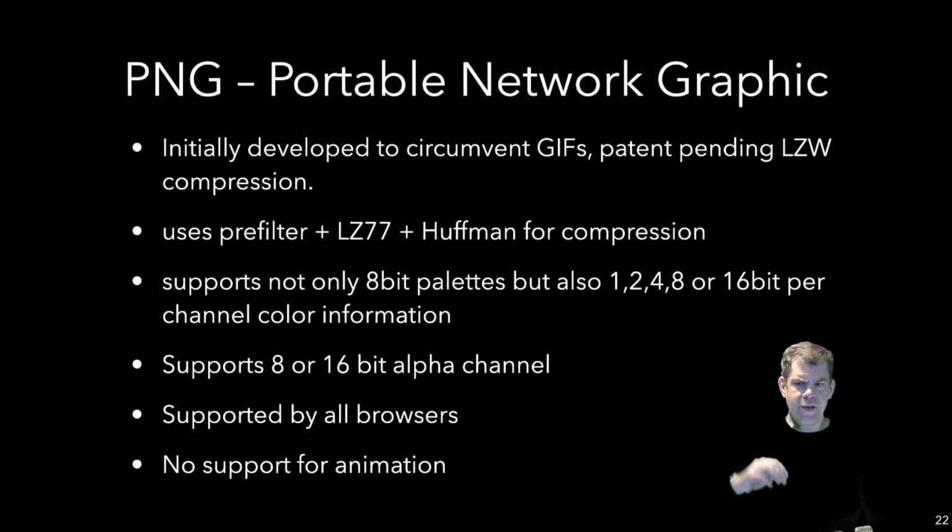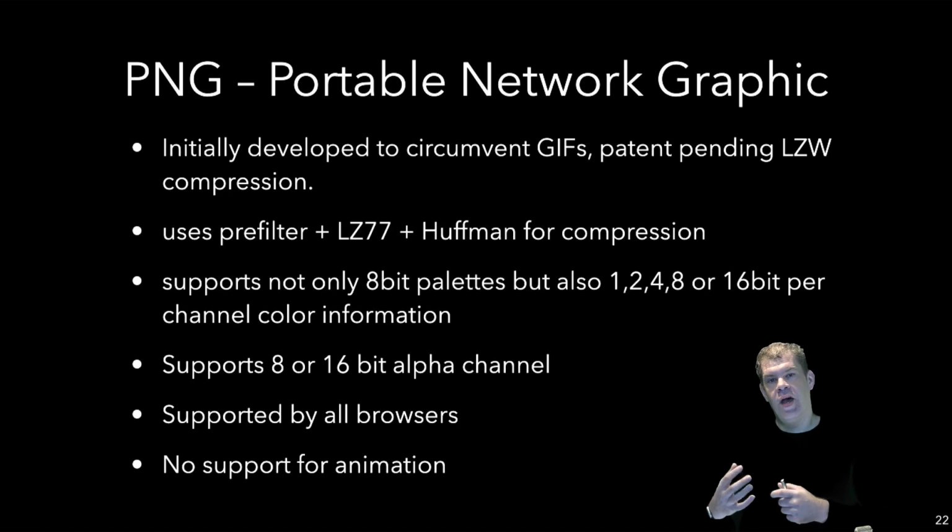One thing I left out in this list, and that's the important thing I want to talk about now: how does the compression in PNG work? It's pretty much a 3-step process. I already talked about LZ77.